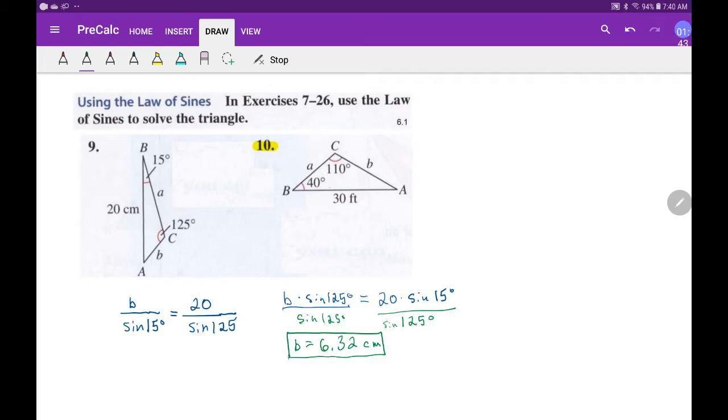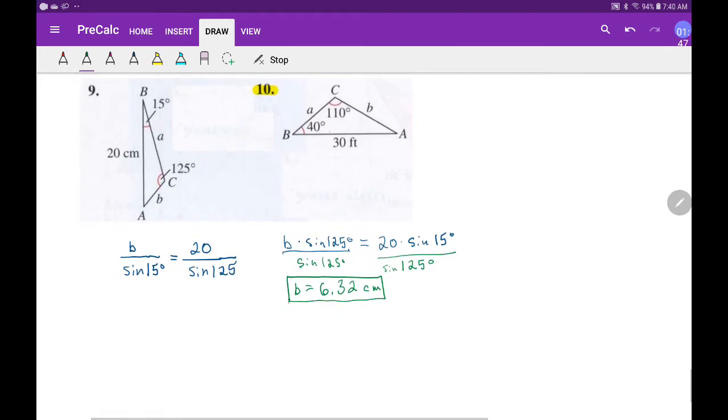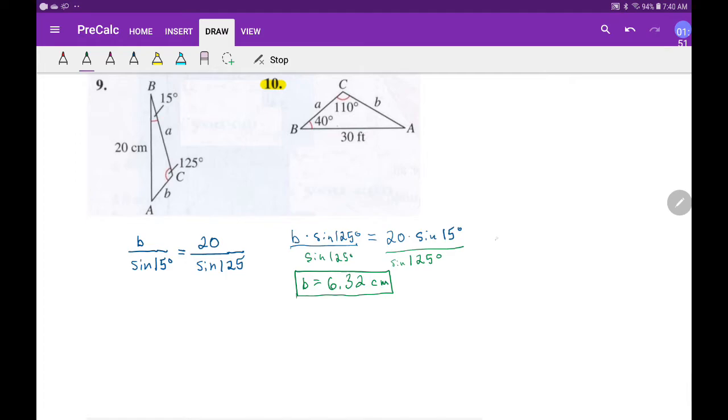And now that we know B, we can find A, and well, we know the angle A, right? Angle A is equal to 180 minus the other two angles, so 15 degrees and 125 degrees, and if we do that, it equals 40, 15 and 125 being 140.